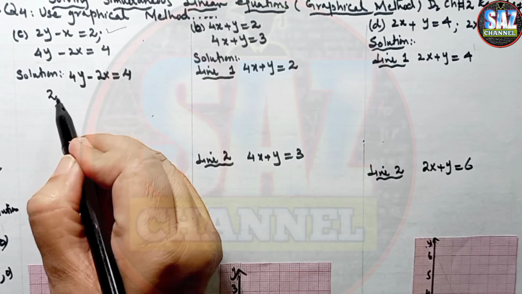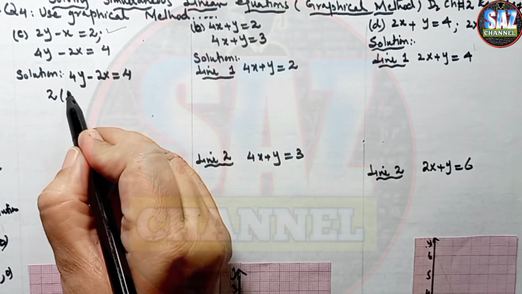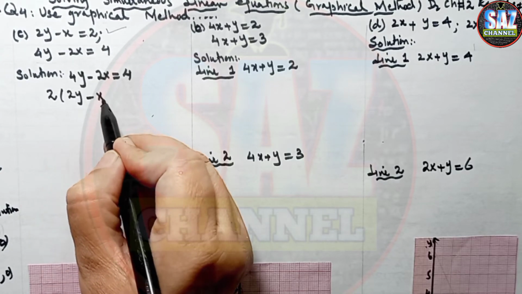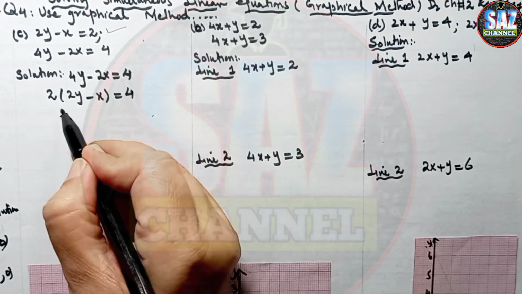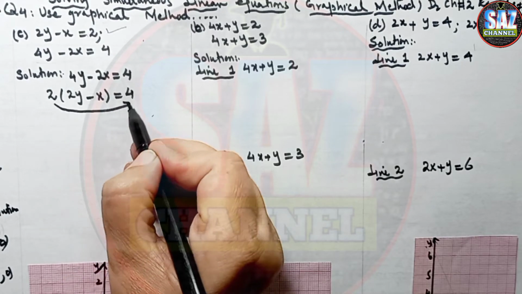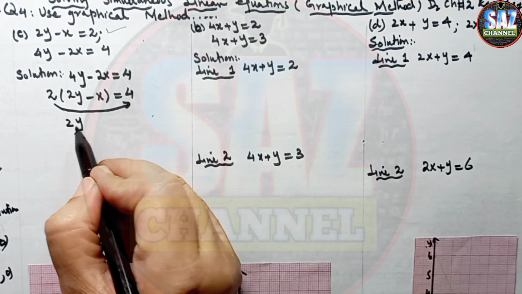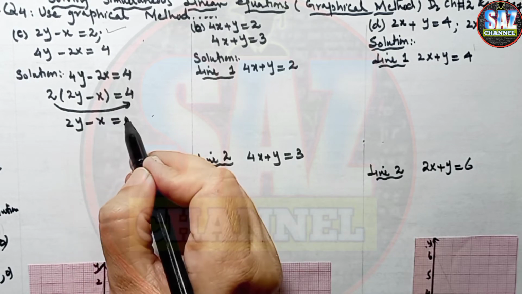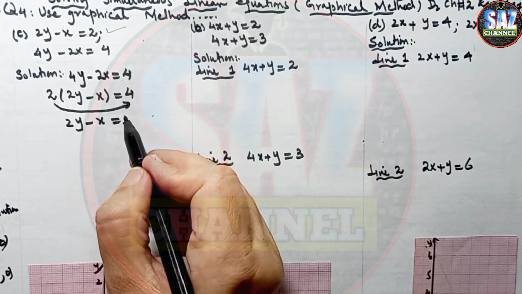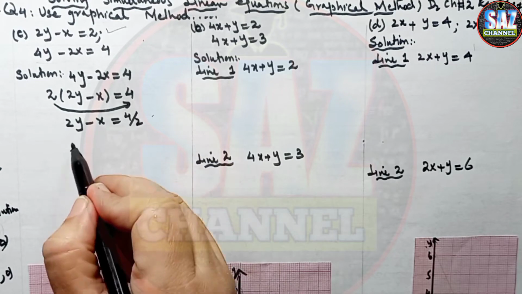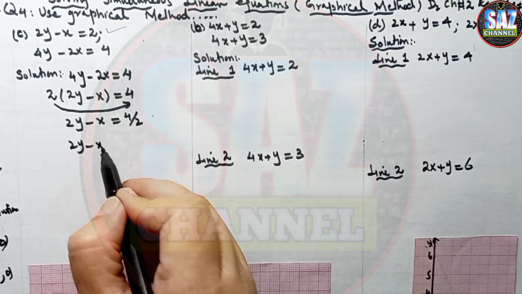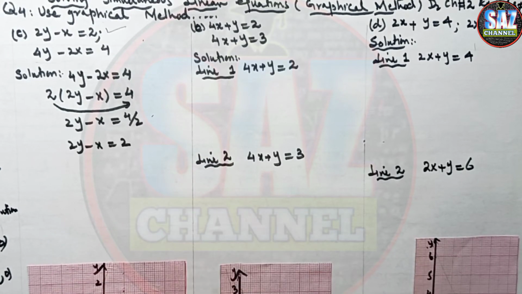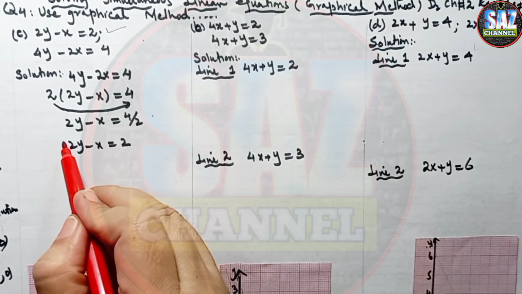Taking 2 common, inside the bracket I have 2y minus x equals 4. Shifting this 2 to the other side, the equation takes the form 2y minus x equals 4 divided by 2, so 2y minus x equals 2. This is the simplified form of my second equation.